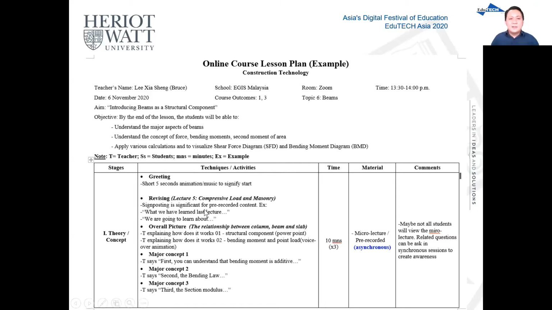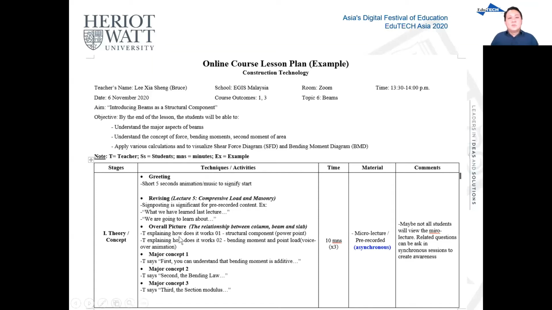You can start your micro lecture by revising what you have learned in the previous lecture. Try to use signposting such as, what we have learned last lecture and what we are going to learn next. This prepares the students so that they have certainty on what they are going to learn.